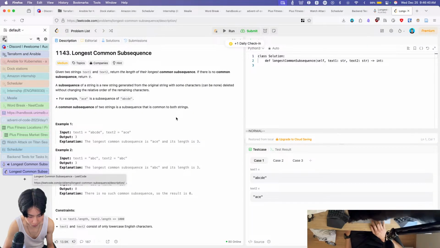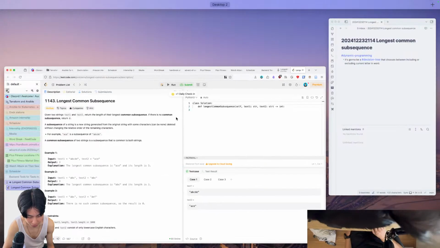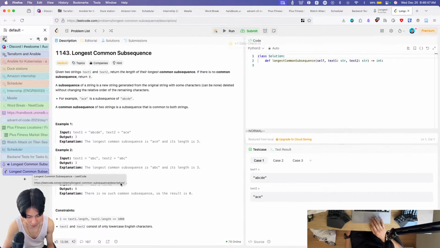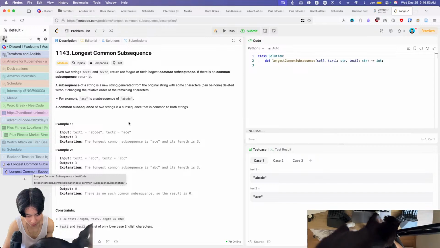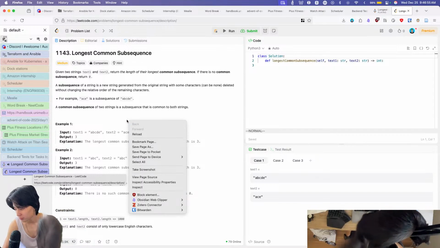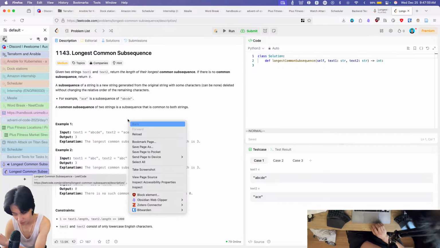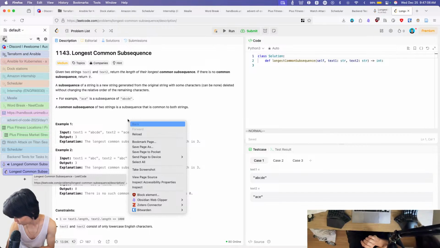So in this example, we have two strings, right? A, B, C, D, E, and A, C, E. So what is the longest common subsequence between these? Well, when you take a look at the first string, you see that, hey, they both have an A in the first spot. So that's good. So now let's look at the second character, B and C. Well, this has a B, but the second string does not have a B. But the second string does have a C, and we also have a C over here.